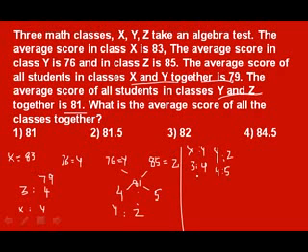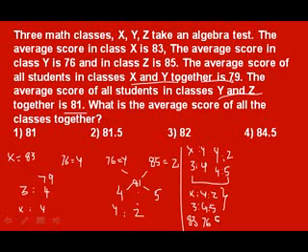So using the simple basic ratio and proportion properties, I've got X ratio Y ratio Z, that is 3 ratio 4 ratio 5. So this is the ratio of all the three classes, and I know their individual averages as well. That is 83, 76, and 85. So now it's just a simple question.